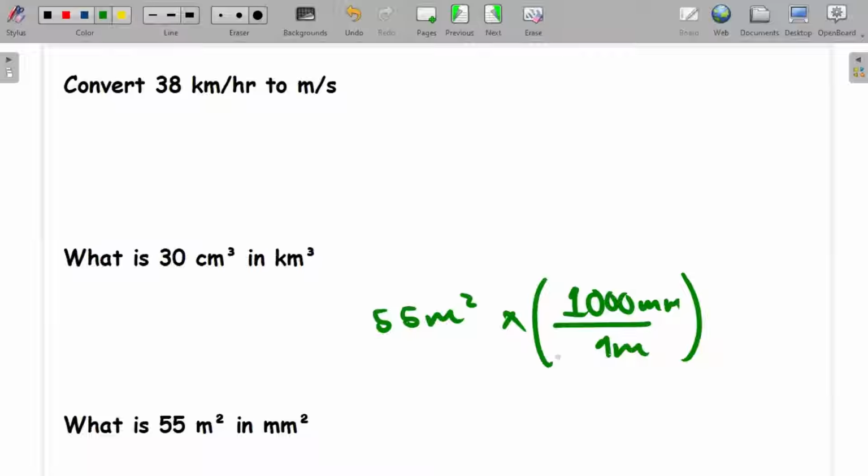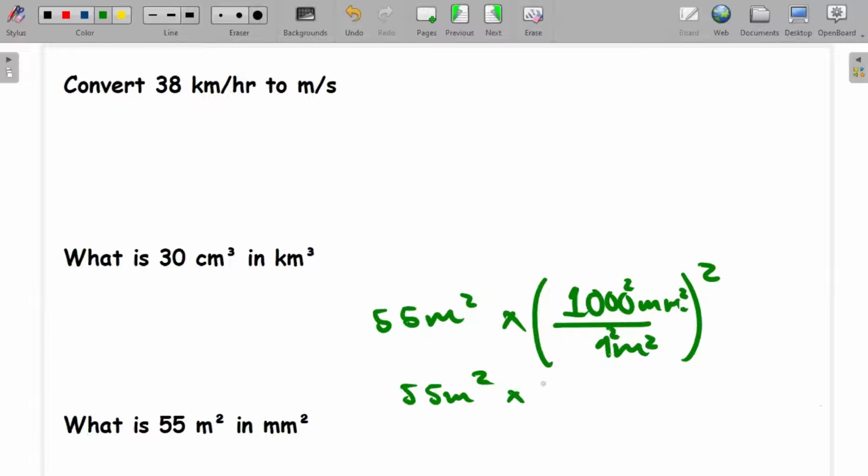Then what do we do to this conversion factor? Since the initial unit of measurement is raised to a power 2, we're also going to raise this to a power 2, like this. That means we're going to have 55 square meters multiplied by 1000 to the power 2 millimeters to the power 2. That means we have a power 2 there, but also a power 2 on the unit of measurement.